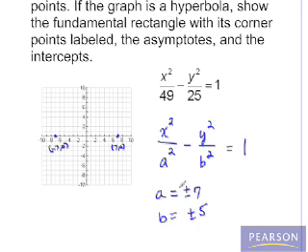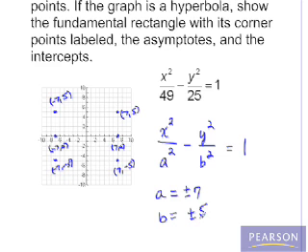So let's label the points (7, 5), (-7, 5), (-7, -5), and finally (7, -5). And I obtained those 4 corner points by using the plus and minus a values.